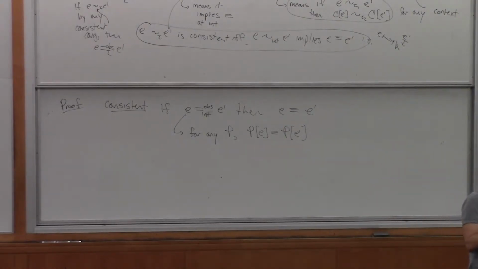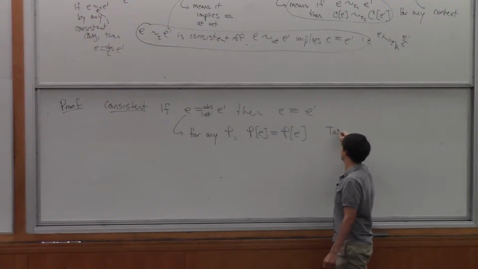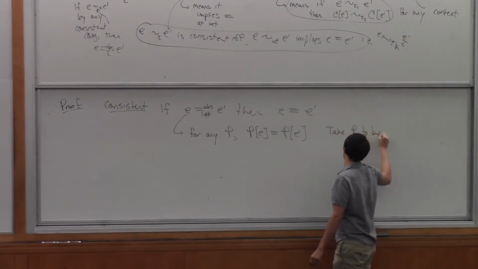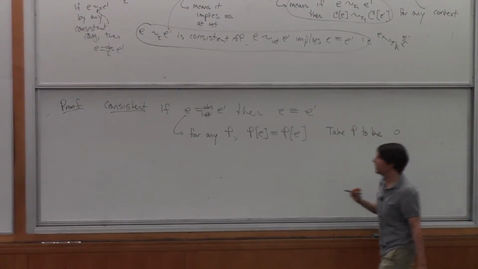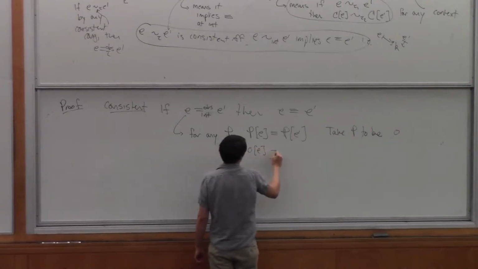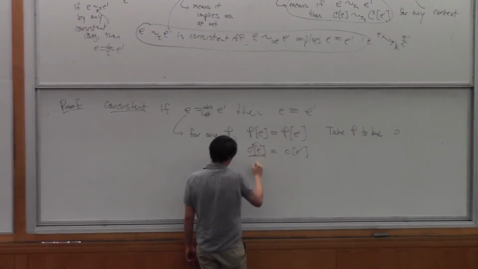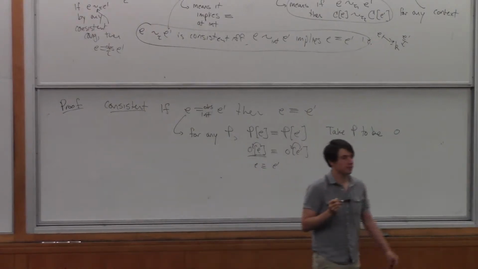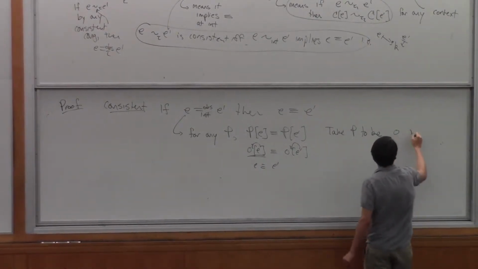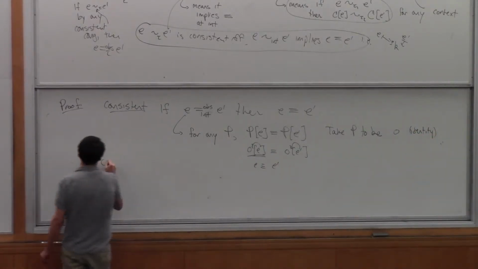How do we go from two things being equal in any context you can put them in to what we want? Take P to be what? The hole itself. Because if I fill the hole with E, then that's equal to filling the hole with E prime. But substituting E for the hole is just E, and substituting E prime for the hole is just E prime. OK? So that's the identity context that gives us consistency.